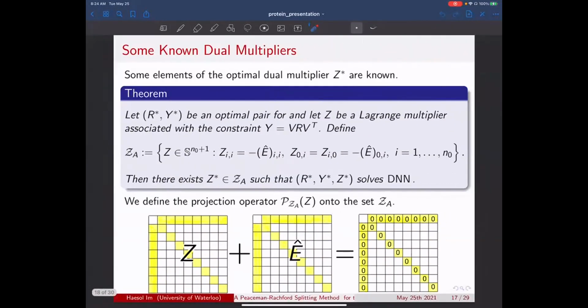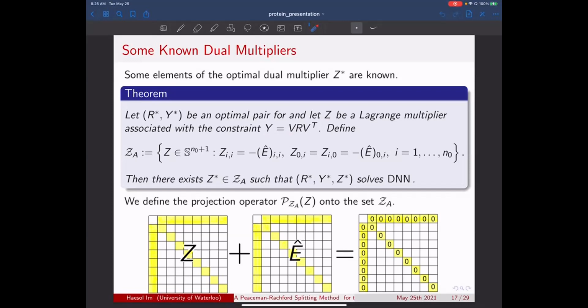Before presenting the algorithm, there's another extra property that we can show. In fact, some elements of the dual multiplier are known. This is how the theorem reads. Let R star and Y star be an optimal pair, and let Z be a dual multiplier for this Y equal to VRV transpose constraint.